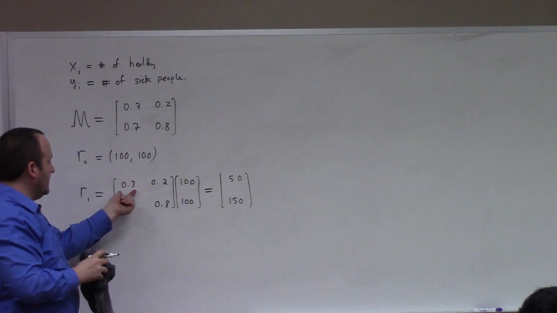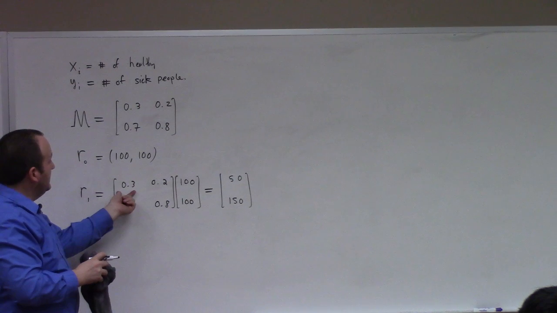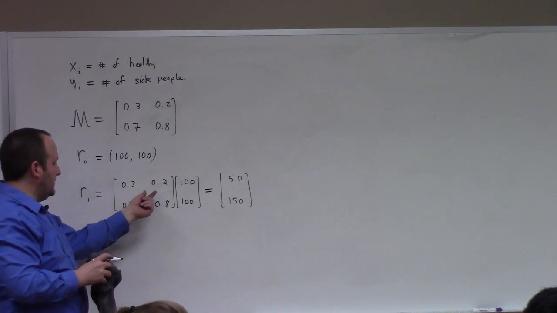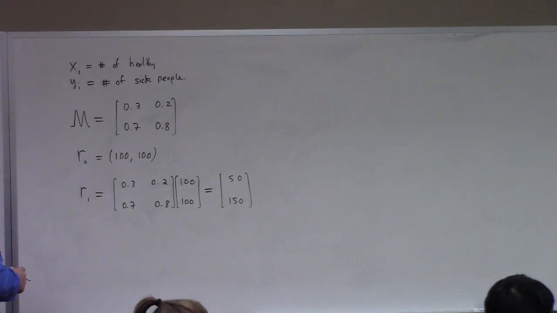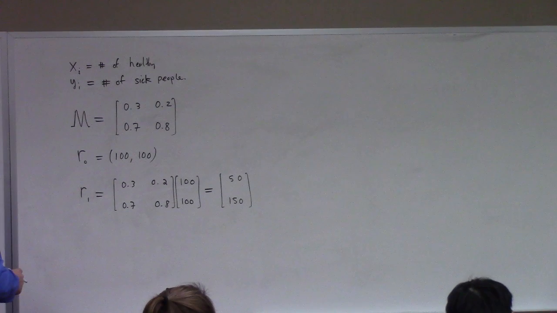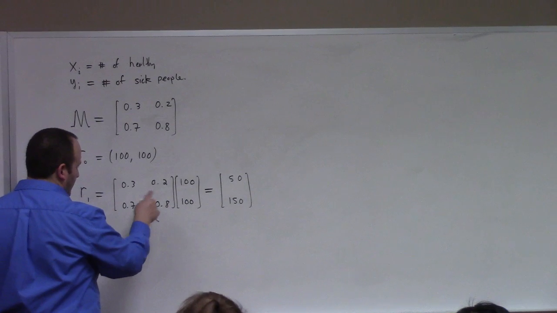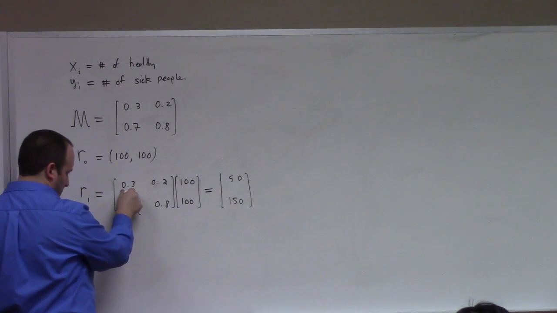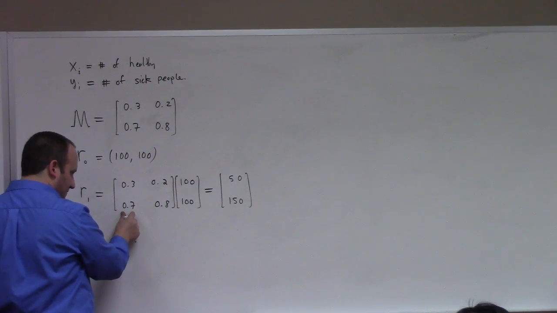It says 30% of the healthy people stay healthy, and how does this work? I'm sorry, I'm having trouble thinking. So I think the interpretation here is 30% of healthy people stay healthy, 70% of healthy people get sick. Ooh, this is bad.